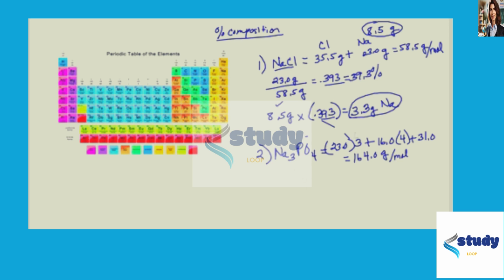Now, out of that 164 grams, 69 grams is sodium. Remember we have 3 sodiums to account for. 3 times 23 gives us 69. So let's calculate that as a percentage or as a fraction and see what we get.